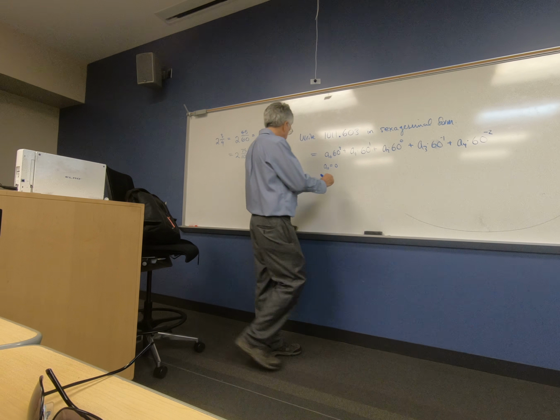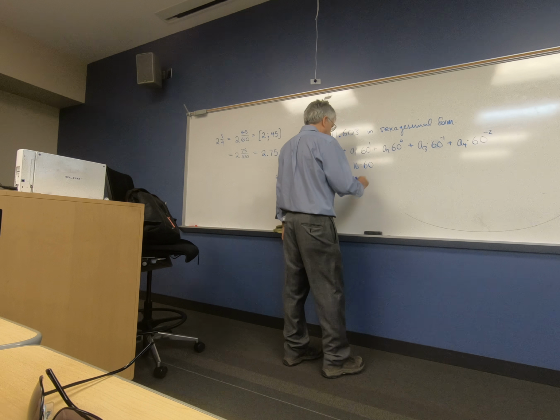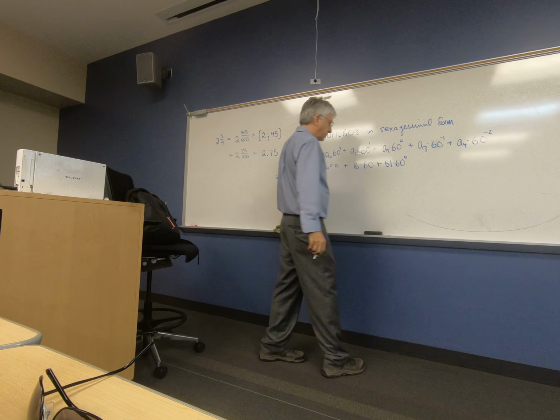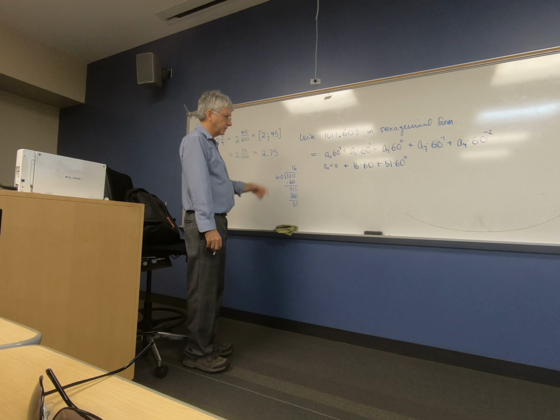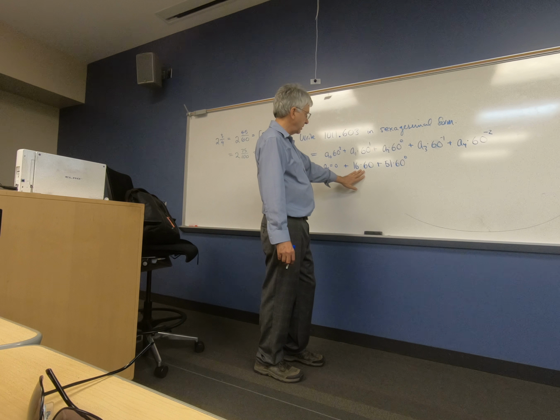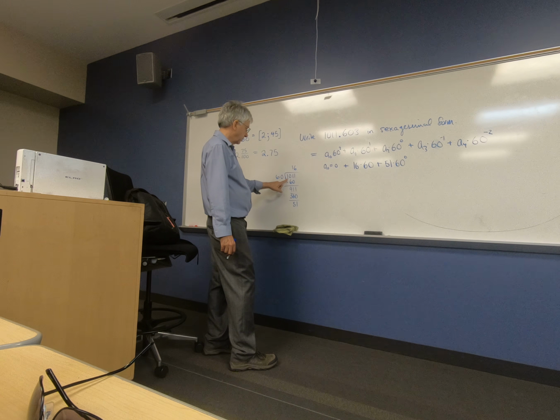Okay, so this is going to be plus 16 times 60, plus 51 times 60 to the 0 power. 60 to the 0 power is just 1, so I'm really saying this is in the ones place. So we got 51 ones and 16 60s to make up the whole number part of this number.